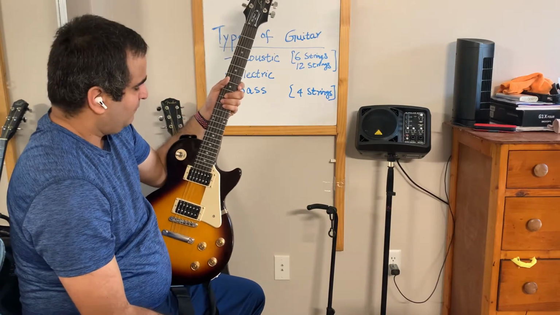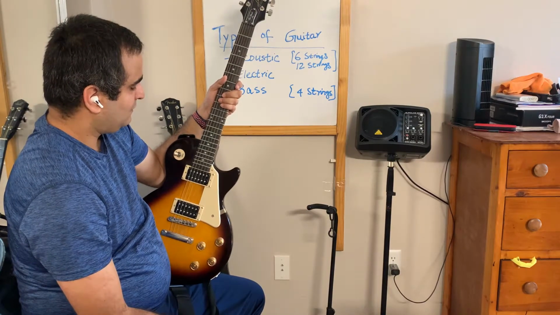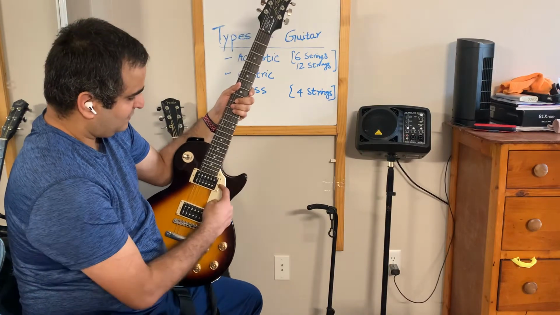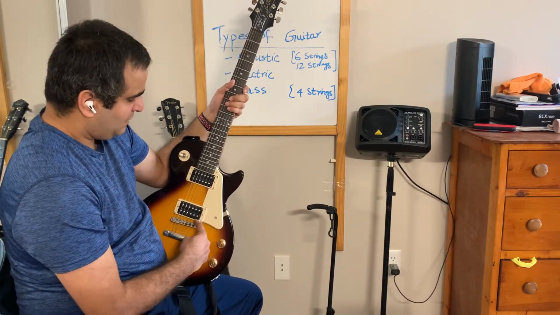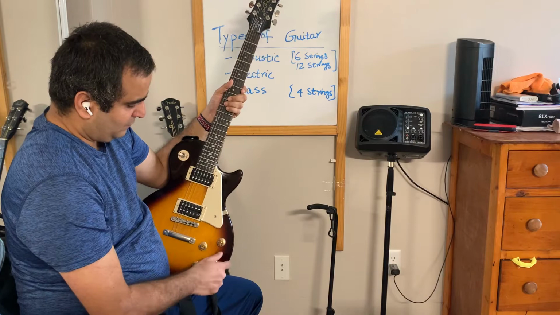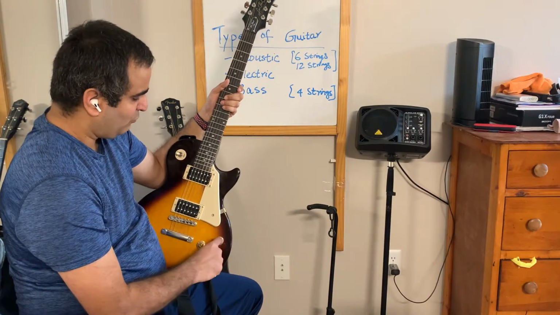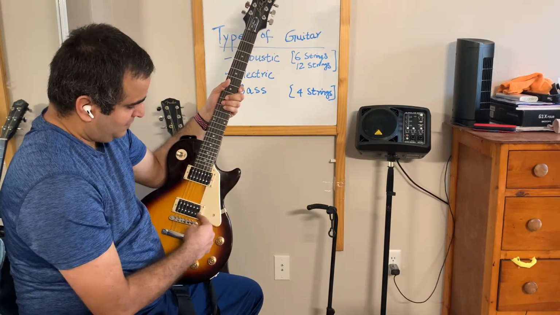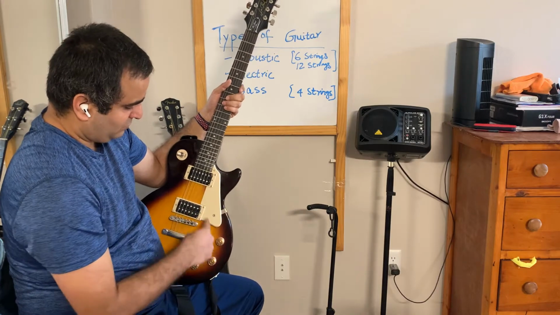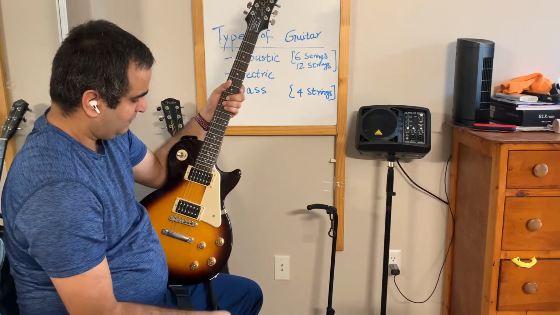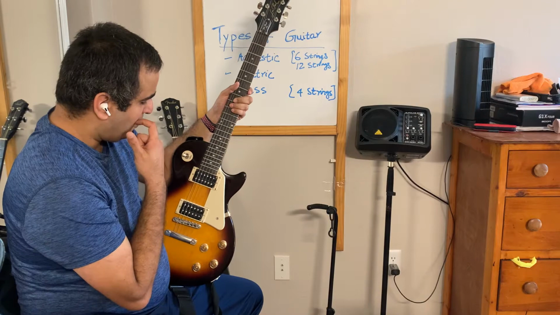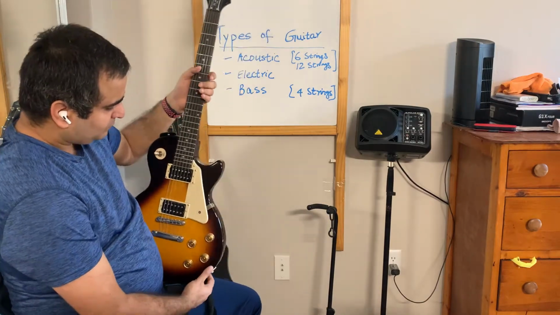That's how the electric guitar works. So this guitar has four pickups, and it has different controls here to control the volume of each of them, right? Each of them is connected to these knobs. So that's basically how it works, right?